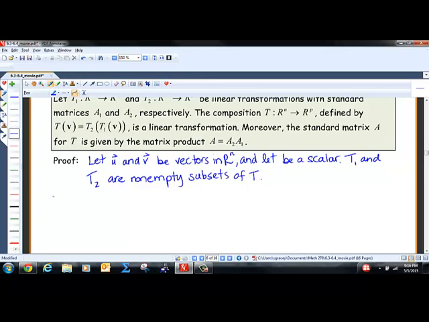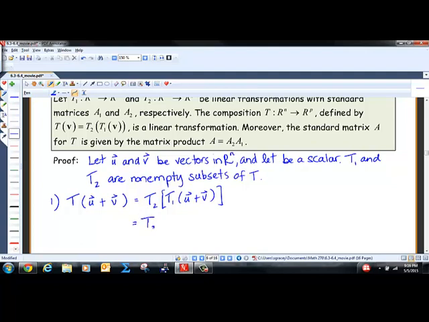So here we go. First one, we'll do the addition. Remember, it has to be in general if you think it's going to work. So T of the sum of these vectors, u and v, is going to equal, by definition, T2 evaluated at T1 at u plus v. But T1 and T2 are linear transformations, right?